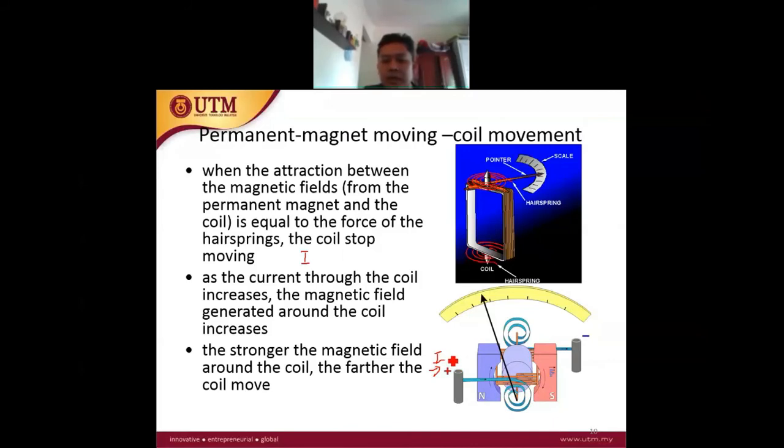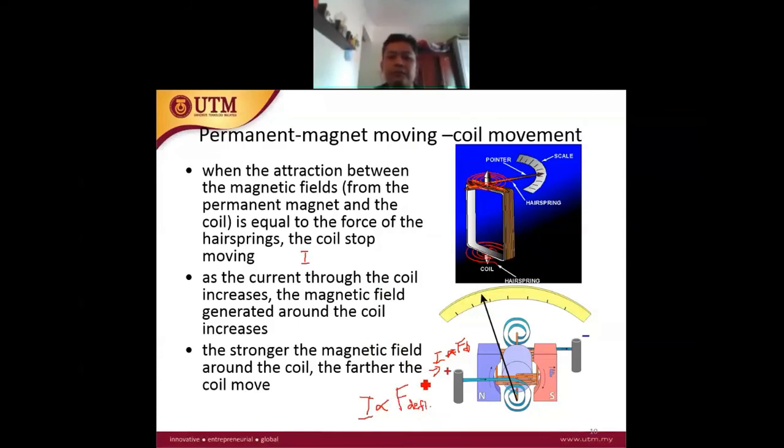So basically, that is what is called the deflection torque. The deflection torque, F deflection, will be proportional to the current. The current that flows will be proportional to the deflection torque.